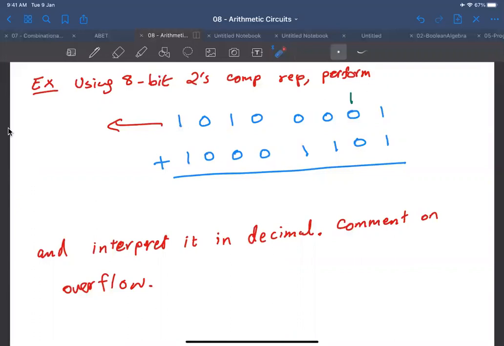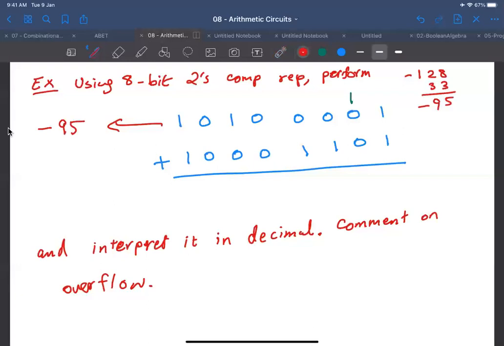Minus 128 plus 33 is minus 95. So this is minus 95.